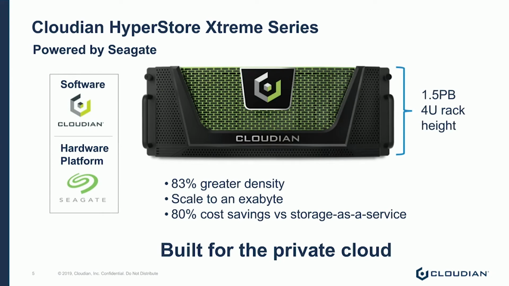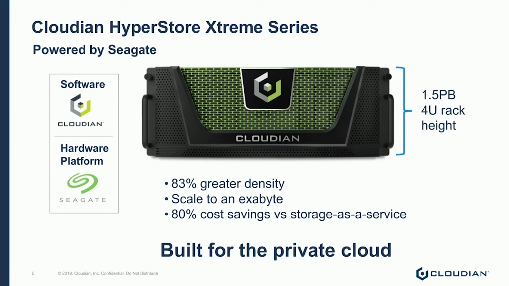So what this is: Cloudian HyperStore software, which is our scale-out storage system, built on a 100% Seagate hardware platform. So Seagate provides the chassis, the controllers, and the drives. It's end-to-end Seagate. And we'll talk a little bit later on about why that is so important.